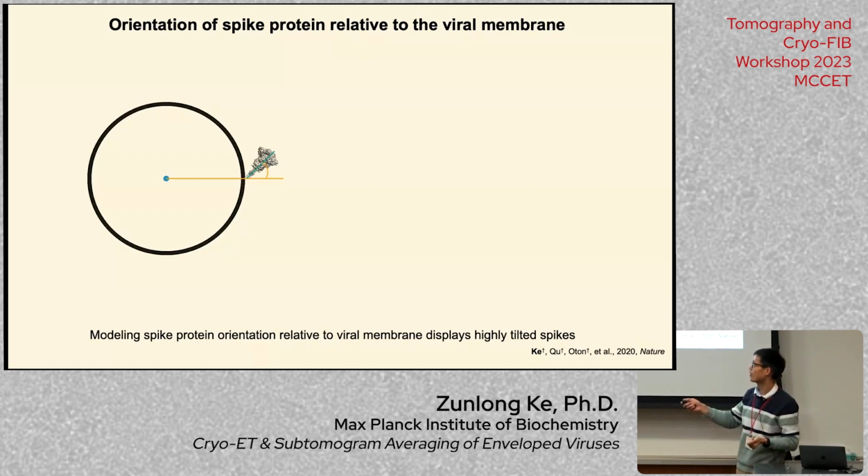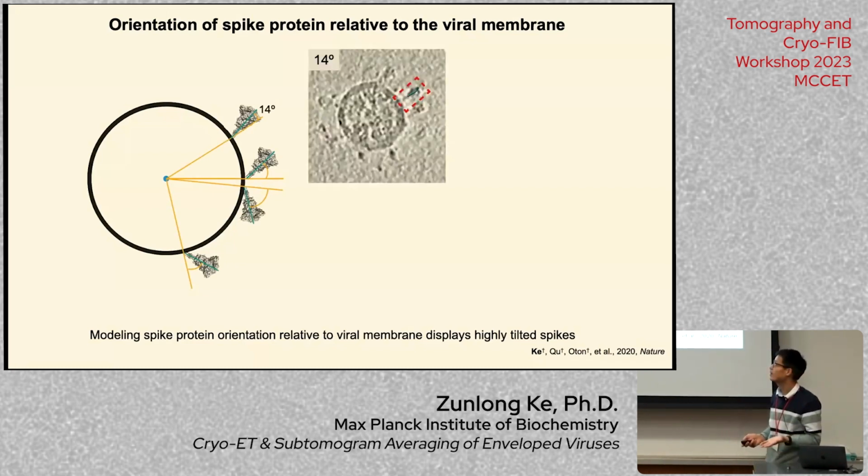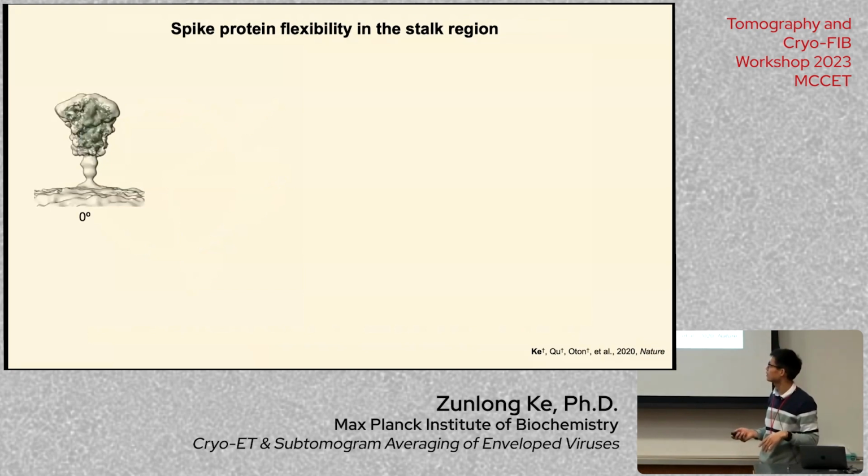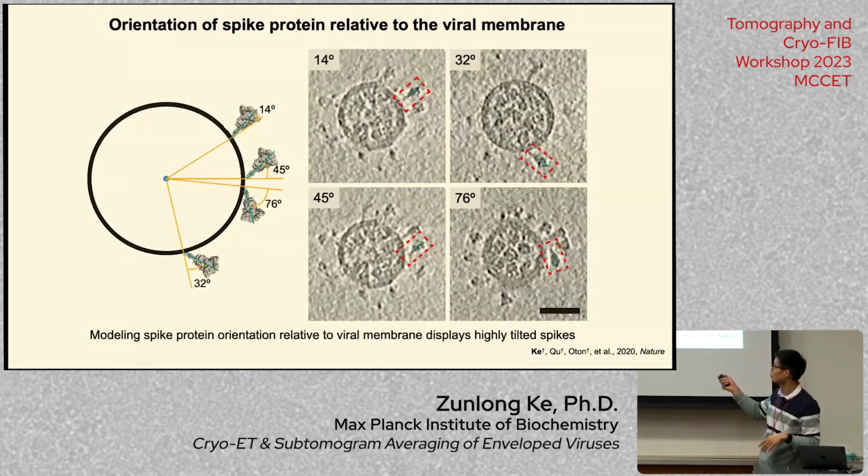One is from the center of the virus to its closest point, and then the other vector is the orientation of the spike itself. So you can calculate the angle of it, and by doing that, you can calculate each of the spikes, and you can get the angles of how much tilted the spike is relative to the membrane. And here are examples of 14 degrees, 32, 45, and 76 degrees. You can see it is truly super tilted relative to the membrane.